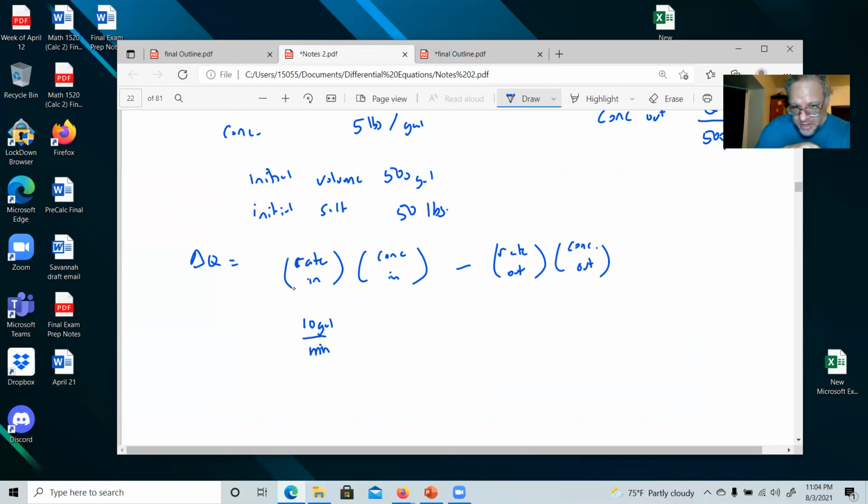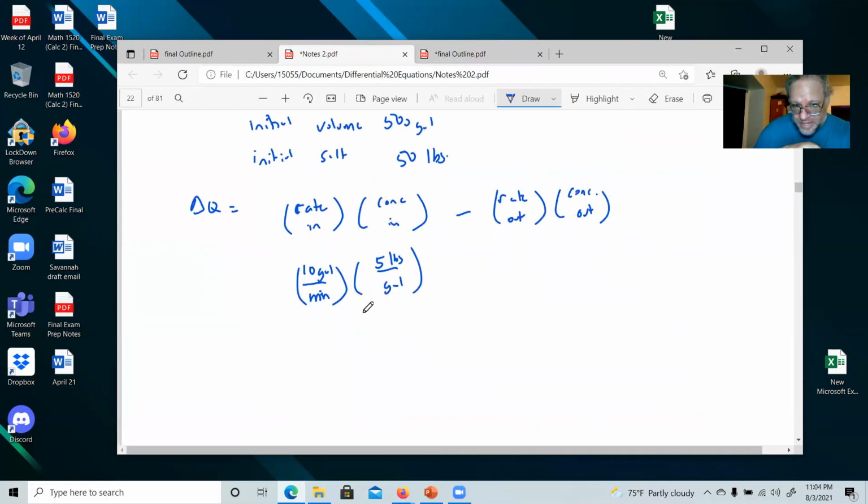The concentration in is 5 pounds per gallon. Unit-wise, the gallons cancel, so we end up with 50 pounds per minute. That's the rate coming in. So we're getting in 50 pounds per minute.